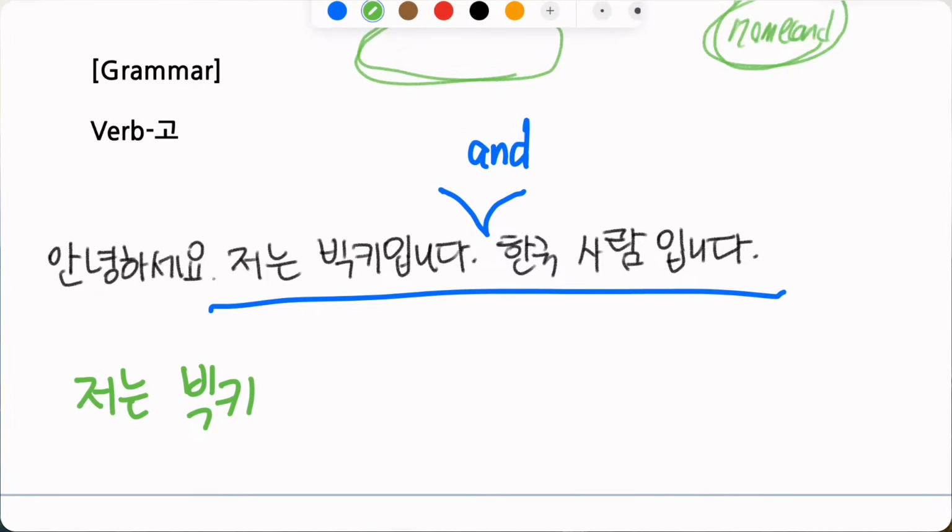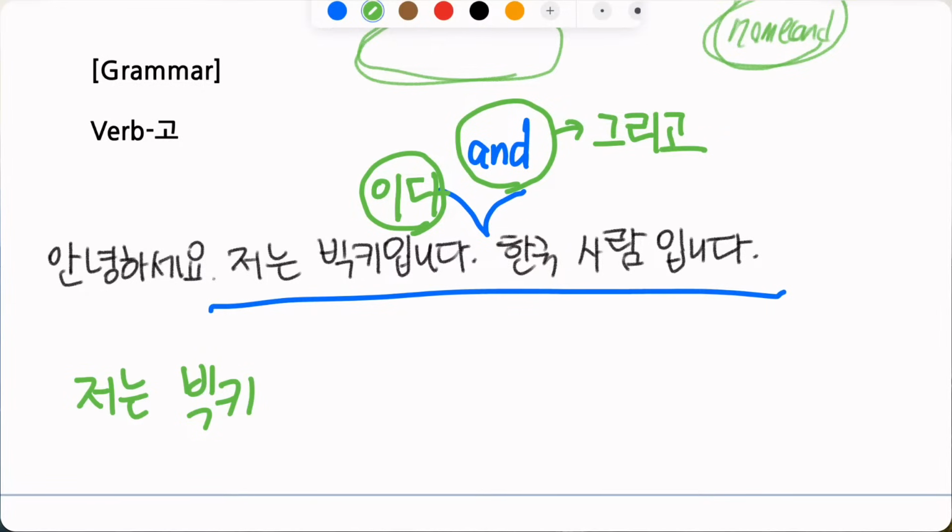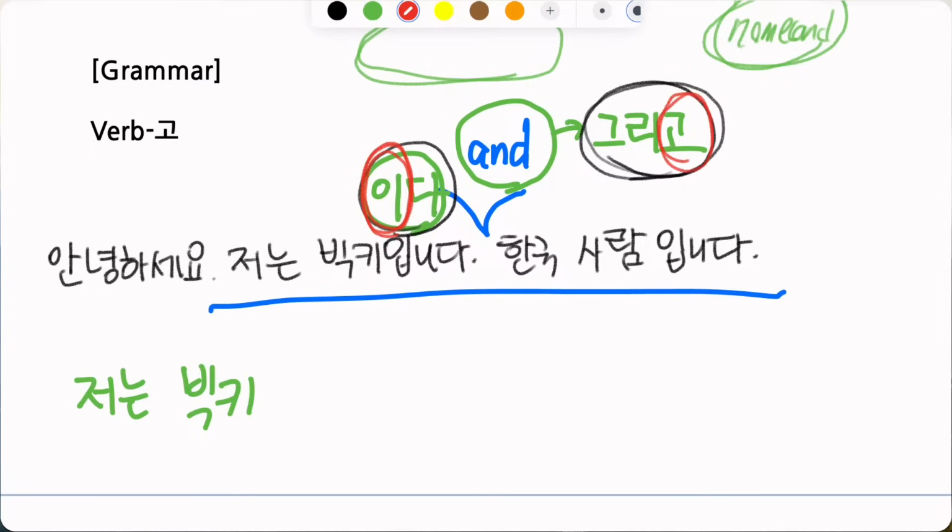So basically you combine 이다 verb and the sentence connector that means and, which is 그리고. And when these two are combined, you can just take 이 from 이다 verb and 고 from 그리고. 그래서 it becomes 이고, 저는 비키이고 한국 사람, and then you move on to the next sentence.